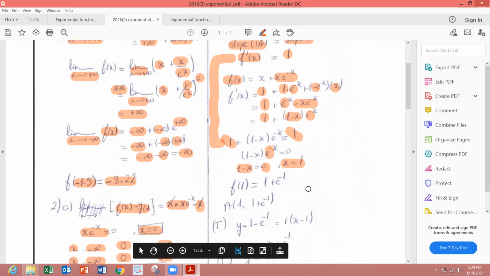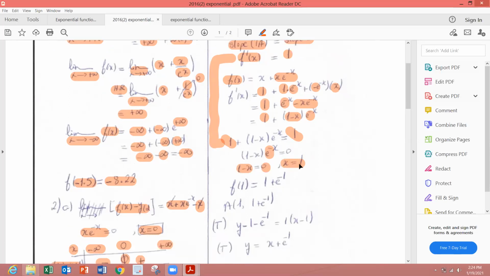For the ordinate, we replace x by 1 in the given function. f of 1 becomes 1 plus e to the power minus 1. Then A has coordinates (1, 1 plus e to the minus 1).